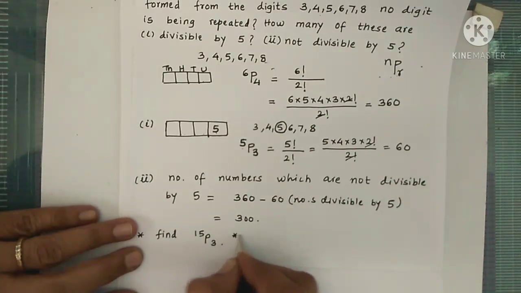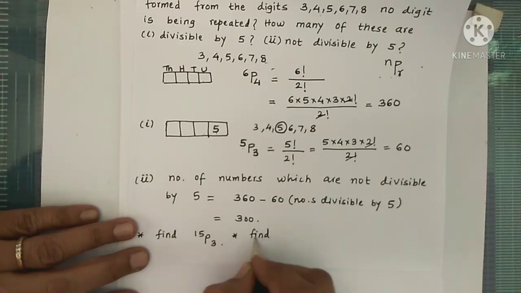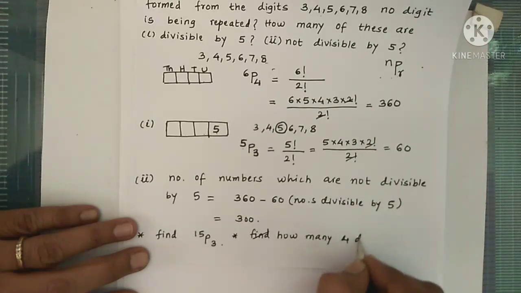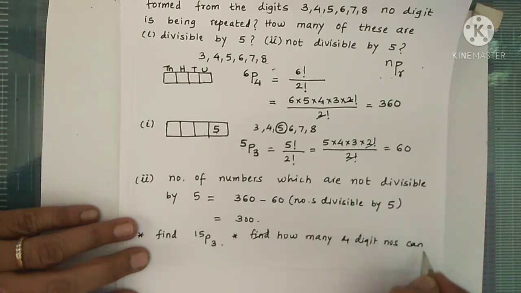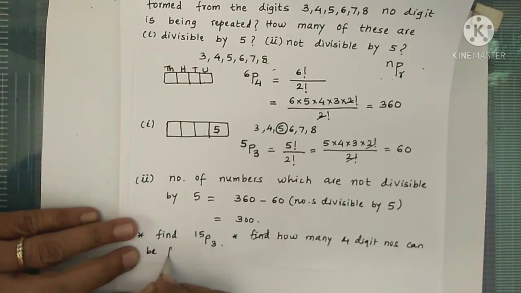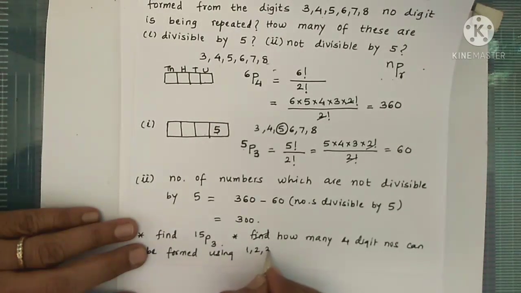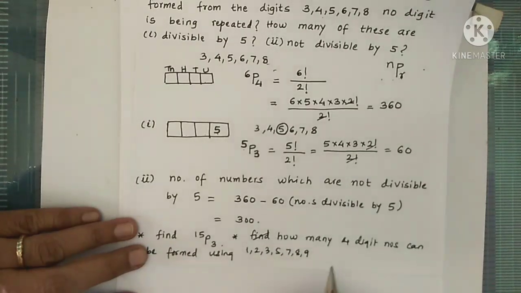Then find how many 4-digit numbers can be formed using the digits 1, 2, 3, 5, 7, 8, 9.